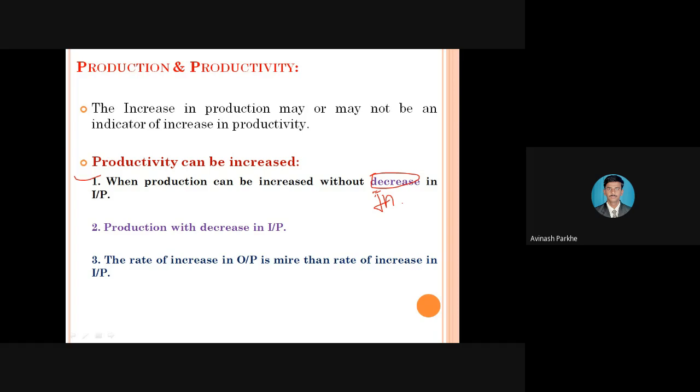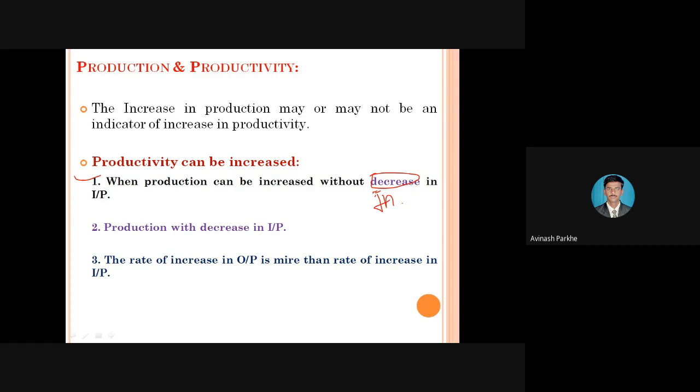From all these three parameters, we can easily say that if your output increases with minimum input, then and only then can I say that productivity can be increased. But if your output and your input parameters are both increased, it is not possible to say that productivity can be increased.